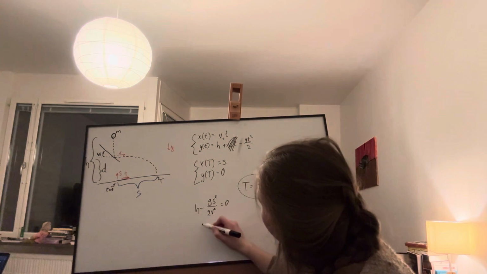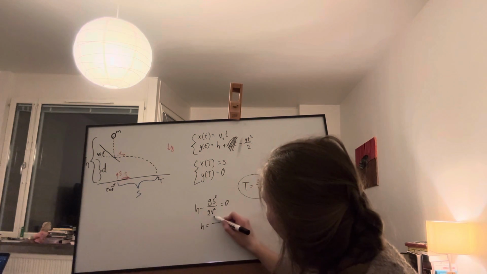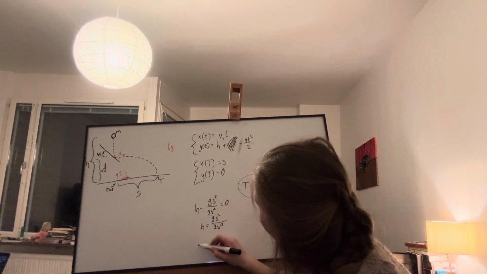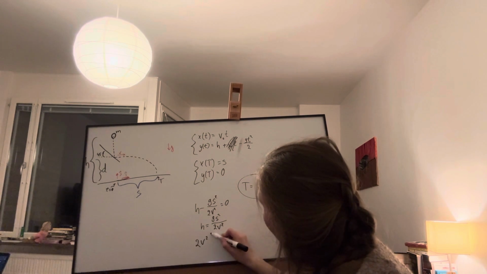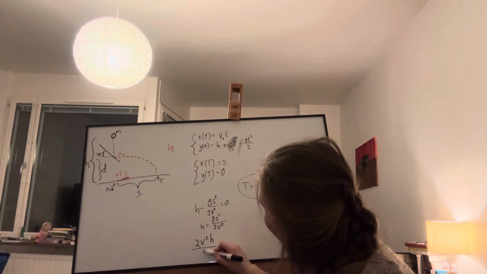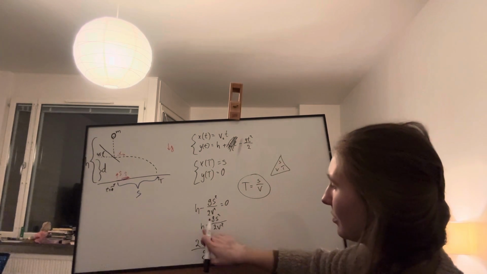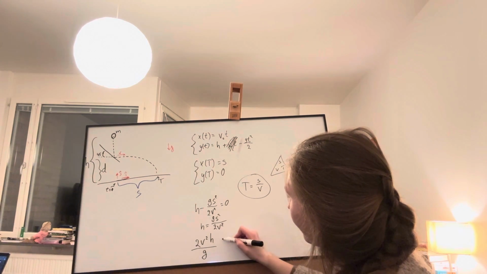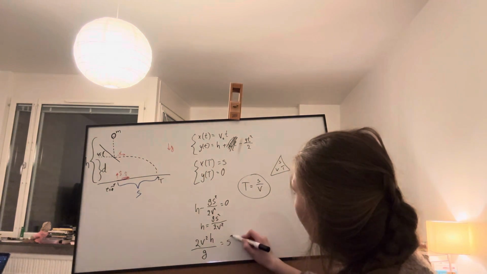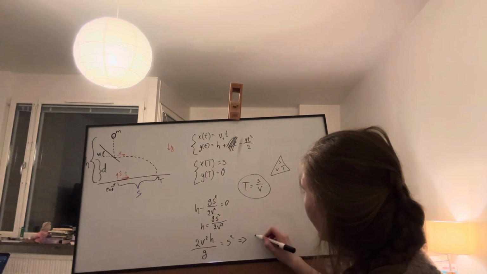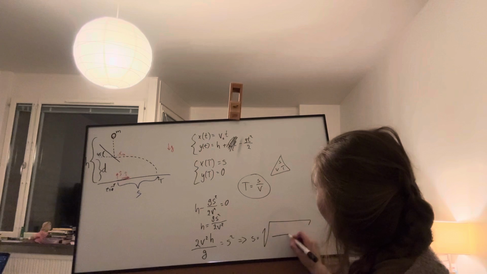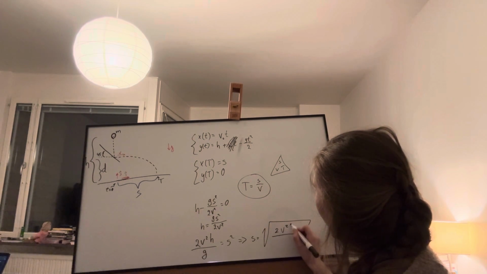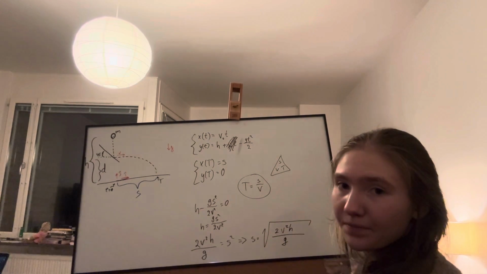So, we put this here, and then we divide by g. Okay, it's equal to this, to s squared, and so s is equal to v times the square root of 2h over g.